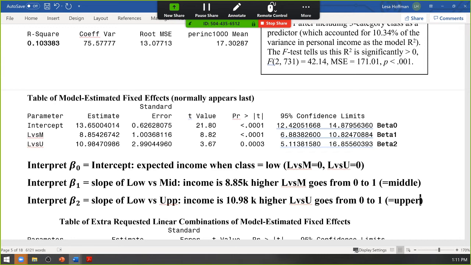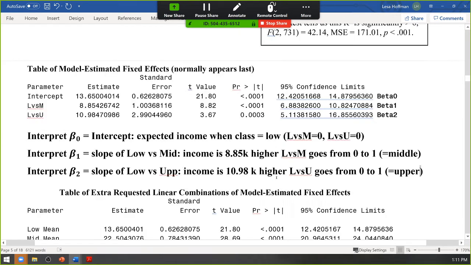Now, what don't we know yet? There's one more comparison that's not here yet. Middle versus high. Yep, very good. Now, even though that's not visible, it's implied, because this model tells us what the mean is supposed to be for any group.